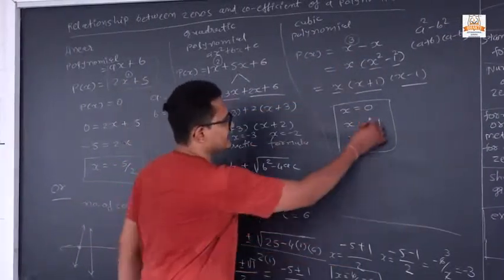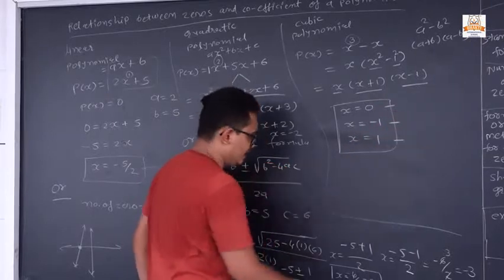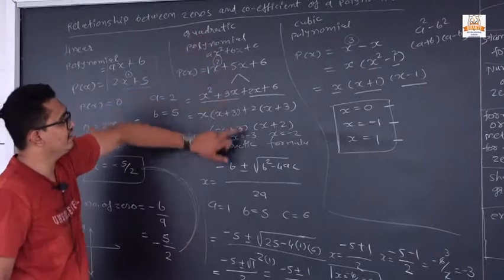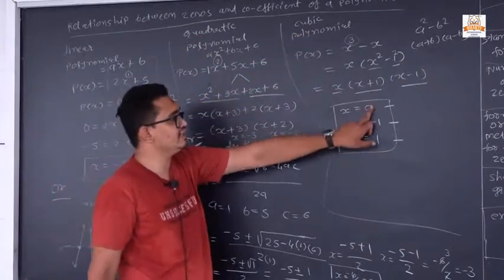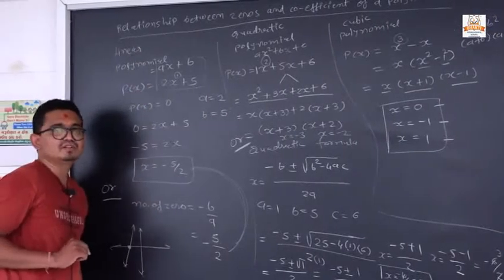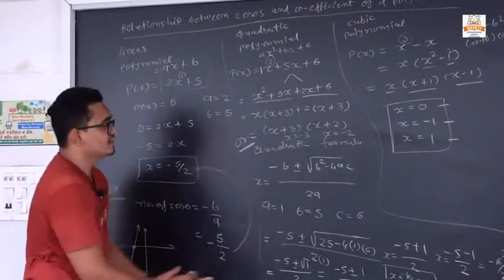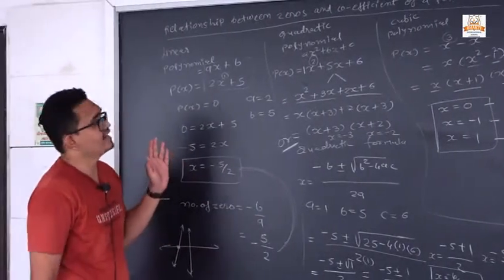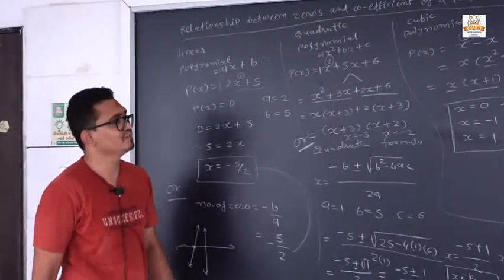So here we have 3 zeros: 1, 2 and 3. Here we have only 2 zeros, because a quadratic has 2 zeros, a cubic has 3 zeros, and a linear polynomial has only 1 zero. You need to remember all this, because it is very important for exercise number 2.2.